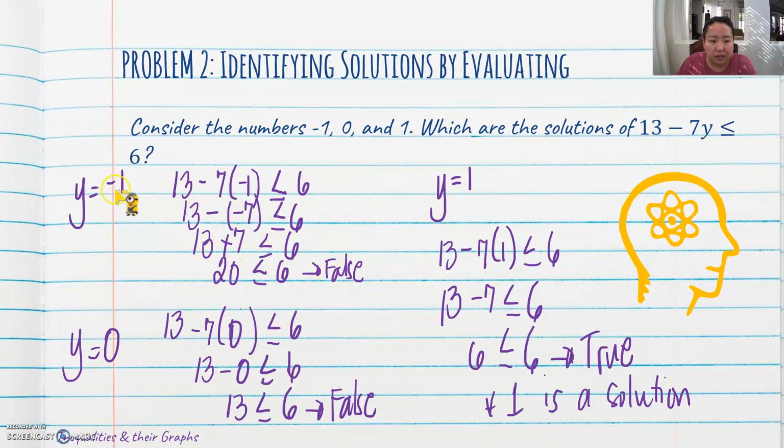You will see that -1 is not a solution. Same thing for 0, also not a solution. And the only solution that we have will be +1, because in the end you will have 6 is less than or equal to 6. 6 is not less than, but definitely equal to 6. So this statement is true. That's why +1 is a solution.